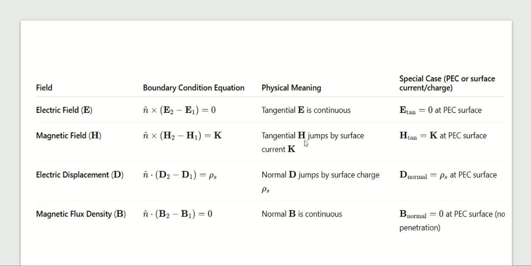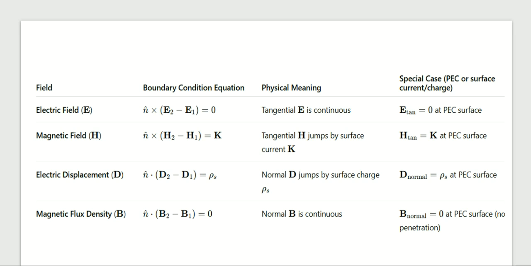So the tangential H jumps by the surface current K. The first value and the second value differ by the value of the surface current. It's not exactly a scaling factor; it's just K. Like H1 plus K gives you H2, H2 plus K gives you H3. So yes, in a sense, it's a scaling factor.